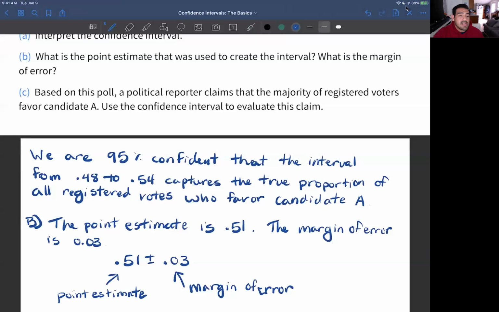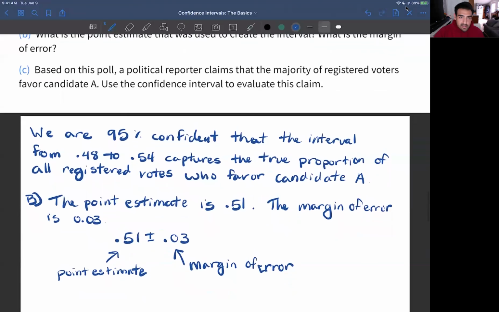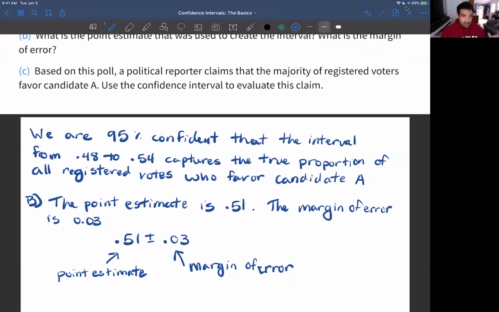Part C says, based on this poll, a politician reporter claims that the majority of registered voters favor candidate A. Use the confidence interval to evaluate this claim. Well, remember, this is all based off of a sample that we collect. The one sample that we collected here, it doesn't tell us the sample size, had 51% of people who favored candidate A. And we have a margin of error here, right?